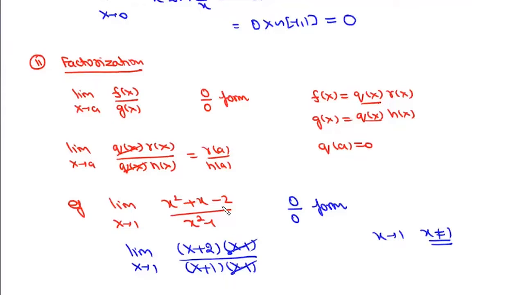At x equal to 1, this function x square plus x minus 2 upon x square minus 1 is not defined. But in the deleted neighborhood of 1, this function is defined, and therefore we can cancel this x minus 1 with x minus 1. And now if we use direct substitution, this is 3 and this is 2. So value of this limit is 3 by 2.